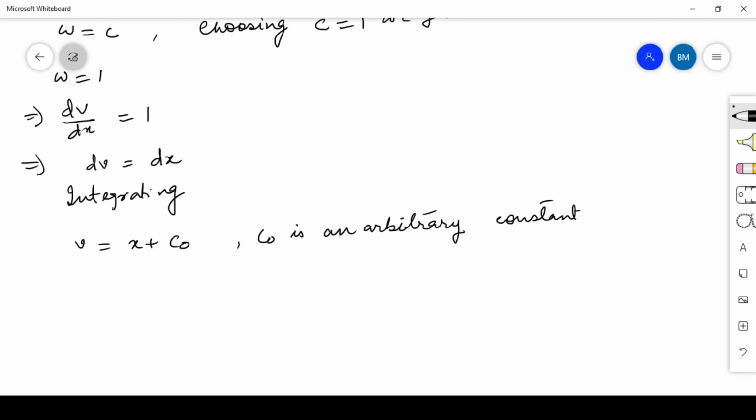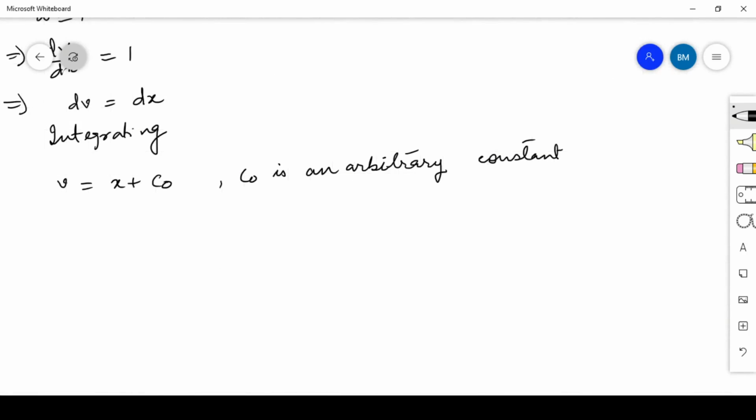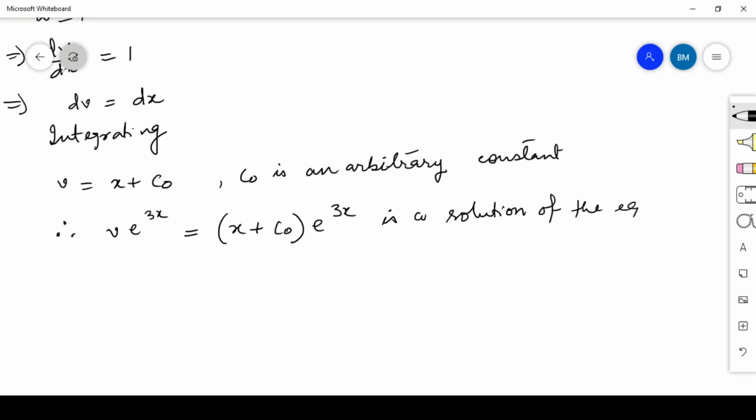Now, what was our assumption? We assumed that y equal to v into e to the power 3x is a solution of equation 4.25. So x plus c naught times e to the power 3x is a solution of the given second order equation 4.25.